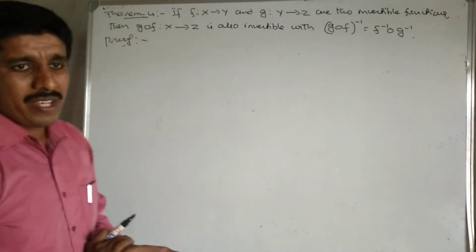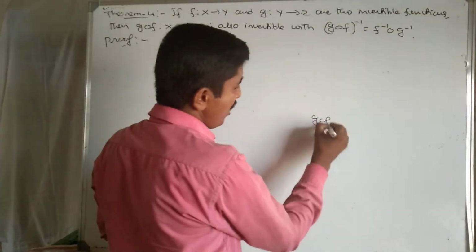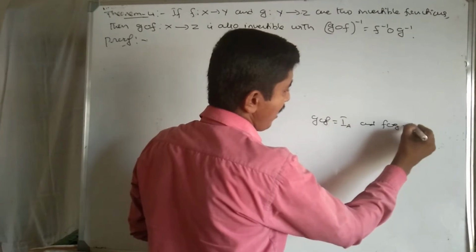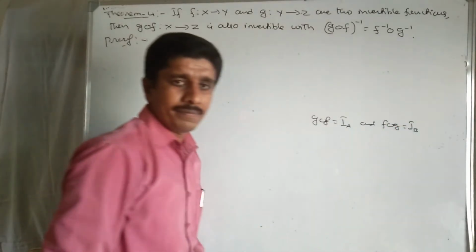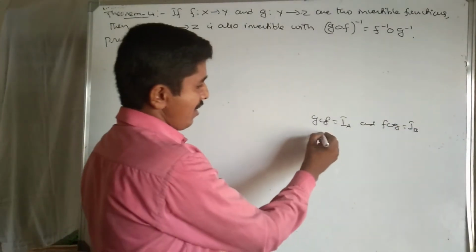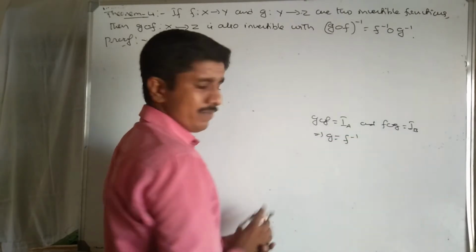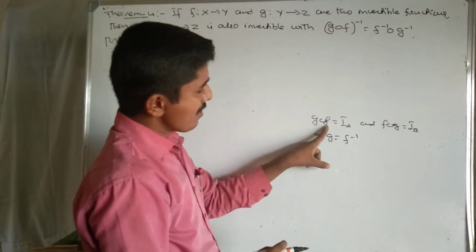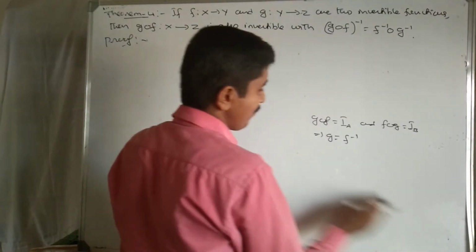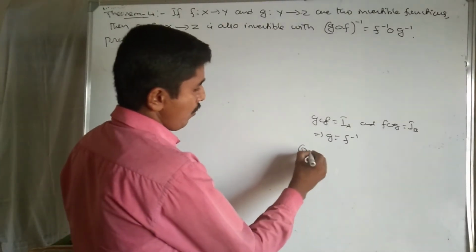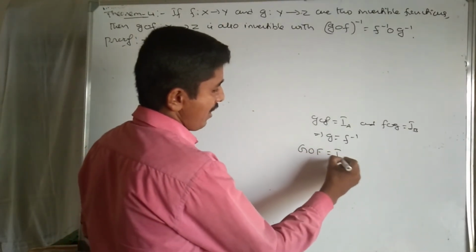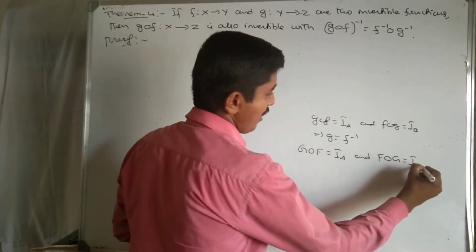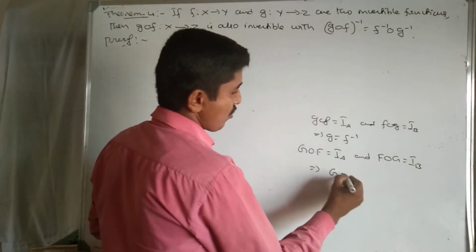So we know the definition: g∘f equals the identity function on A and f∘g equals the identity function on B, then we say that g is called the inverse of f. Got it? Here, instead of small letters, I am taking capital letters: g∘f equals identity function on A and f∘g equals identity function on B. Then g is called f inverse.